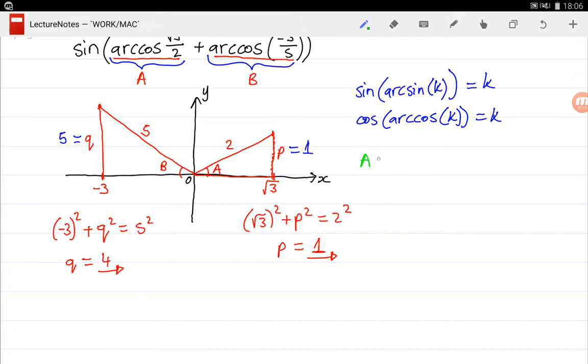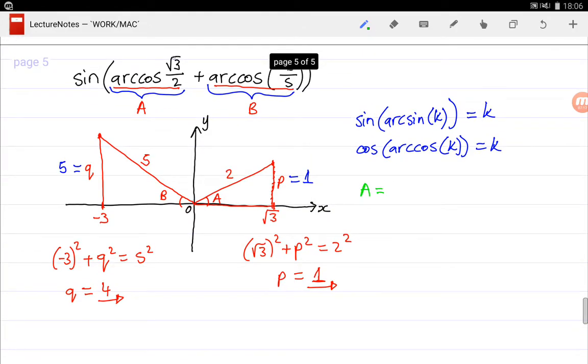So A over here, we already know from the expression up here is arc cos of root 3 over 2. And B is arc cos of negative 3 over 5.